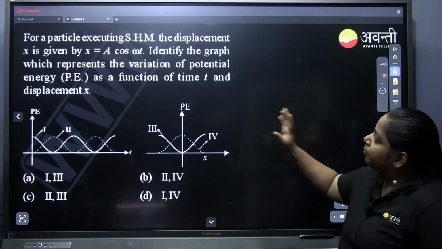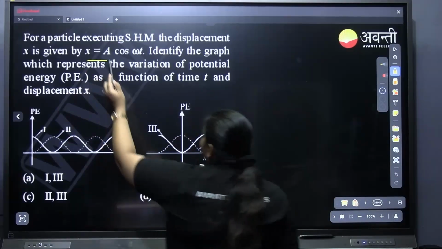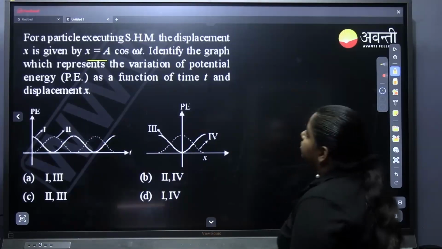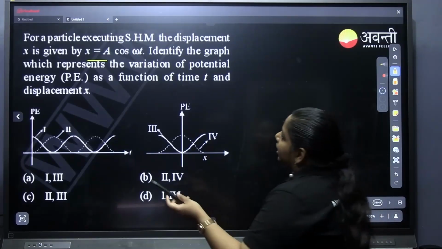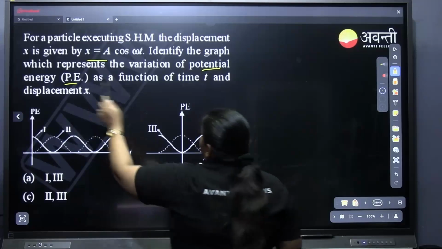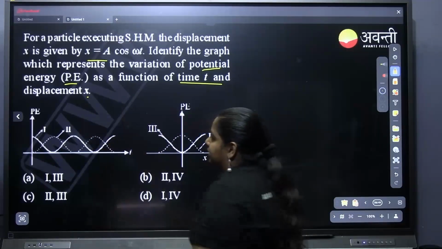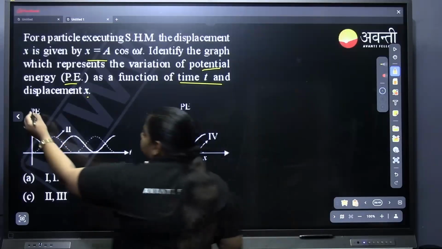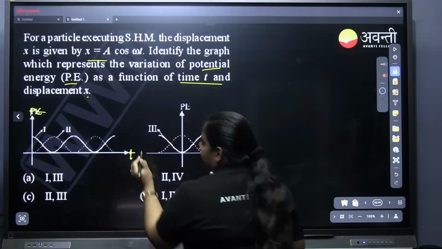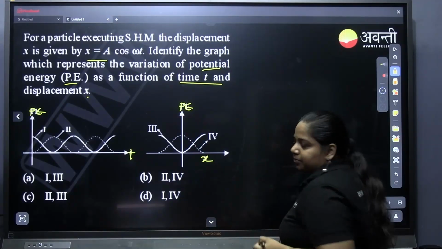Given a particle executing SHM, displacement x is given by x equals a cos omega t. Identify the graph which represents the variation of potential energy as a function of time t and displacement x. This is potential energy versus time. This is potential energy versus x.